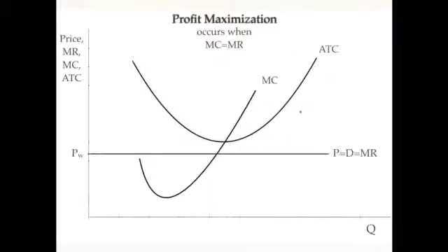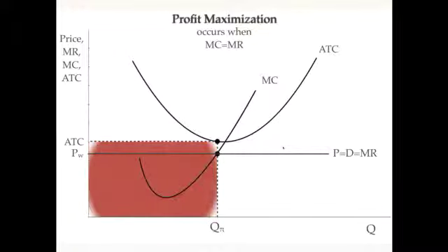But what we're concerned with, if we're maximizing profits in a scenario where the firm's always losing money, is to pick an output level where the firm loses the least amount of money. So again, we just follow where marginal cost intersects marginal revenue and go straight down, and that gives us the profit maximizing output level. If we follow that back up, Q pi, up to average total cost and across, that gives us average total cost.